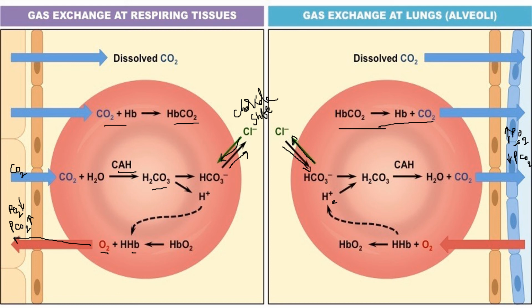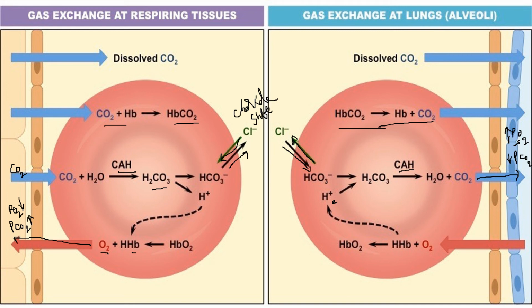This bicarbonate in the presence of an enzyme carbonic anhydrase is dissociated into carbon dioxide and water. This carbon dioxide is now exchanged into alveoli, and from the alveoli by the process of expiration it is released out.